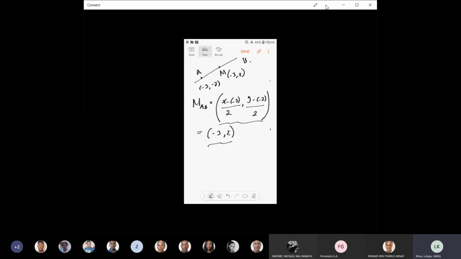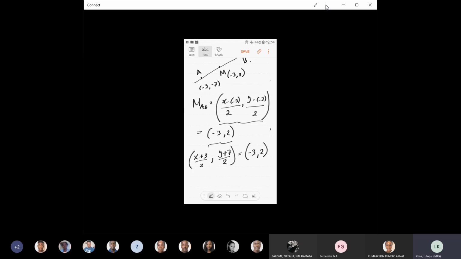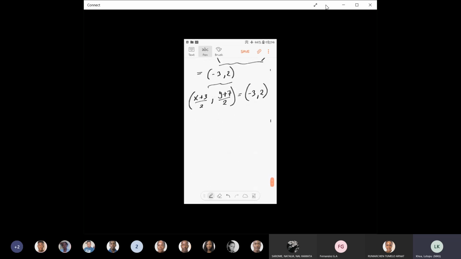So when I simplify the big brackets, I will have (x plus 3) over 2 and (y plus 7) over 2, and this is equal to (-3, 2). Okay, now I have 2 points that I say are equal.